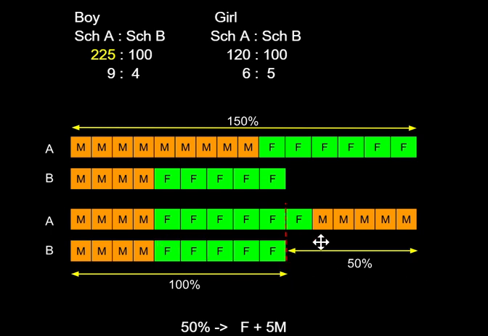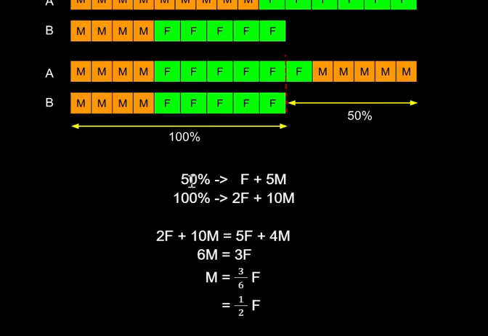So I repeat, if I shift everything to one side to make these two exactly the same, whatever is left over here must contribute 50%. Now I say 50% is equal to 1 male plus 1 female plus 5 male. If it's 100%, simply times 2. So 2 female plus 10 male.